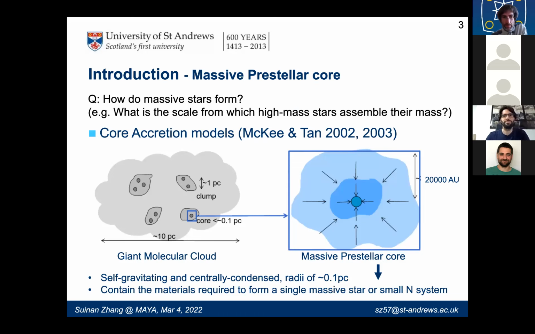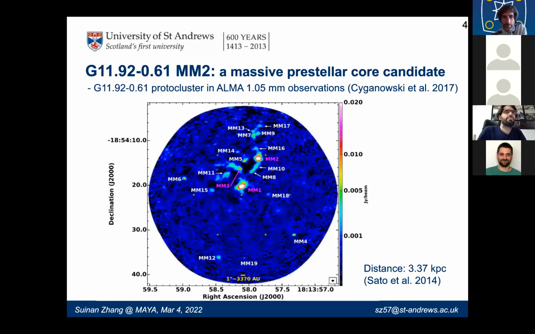The core accretion models propose that the initial conditions of high mass star formation are the self-gravitating, centrally condensed cores with radii of about 0.1 parsec, so-called massive prestellar cores. These cores contain all the materials required to form a single massive star or a small multiple system. G11 MM2 is one of the few high mass prestellar core candidates identified to date.